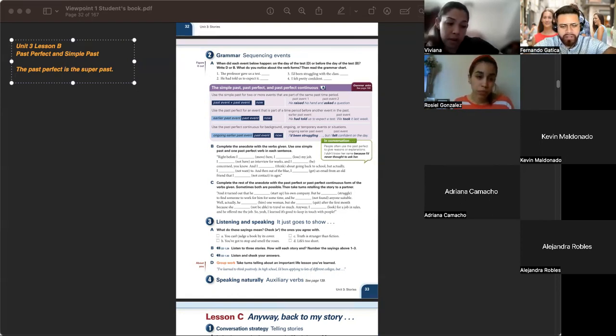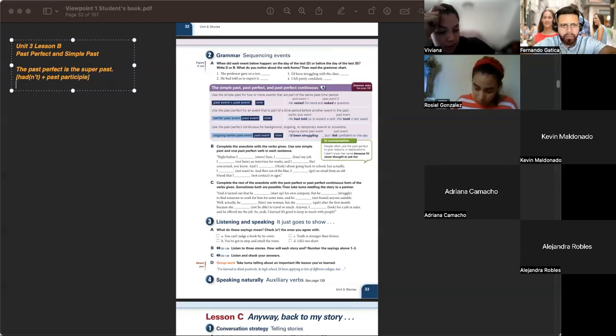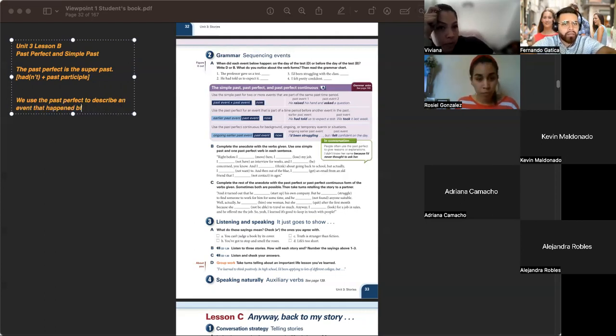Remember, the past perfect is had or hadn't plus the past participle. And we use the past perfect to describe an event that happened before another event in the past.